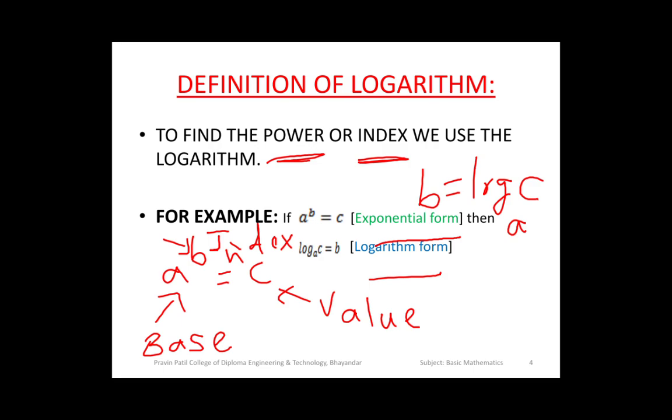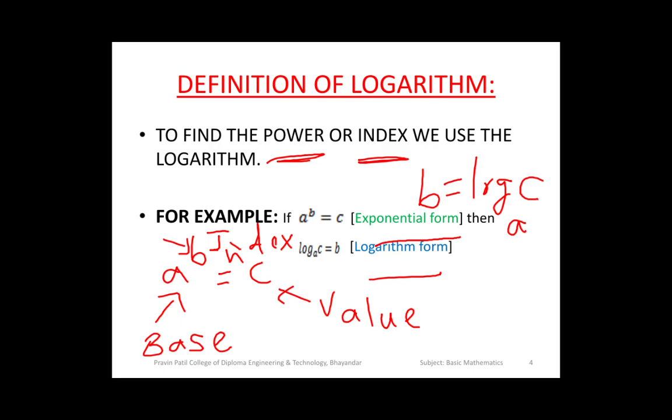And whenever a number is written by using log, in the form of log, then that is known as a logarithmic form. If log is there, it is logarithmic form; if raised to, power is there, then that is known as an exponential form.